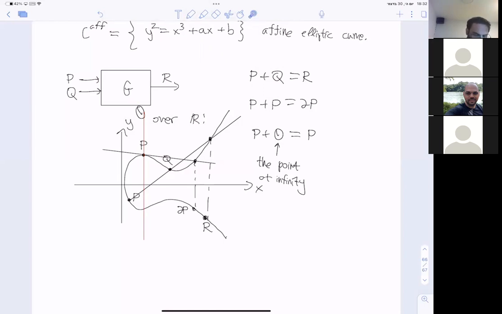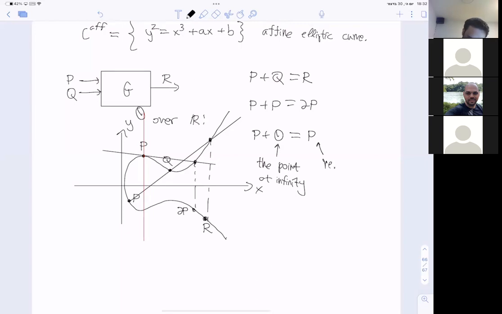So P plus O should still be P. But if we think about the machinery that we have just described, then we should have taken the intersection and then the reflection, so it goes back to P. This is the reflection of the third point on the horizontal line.